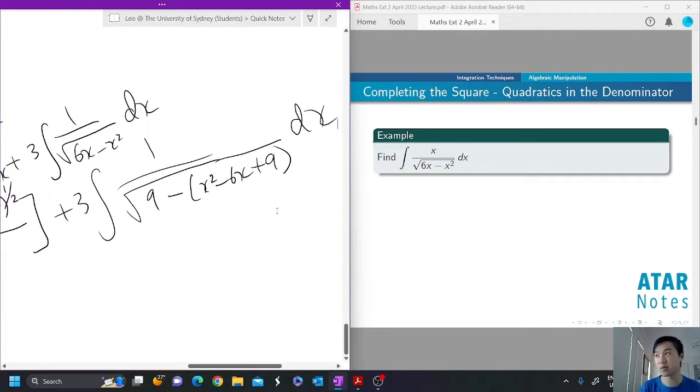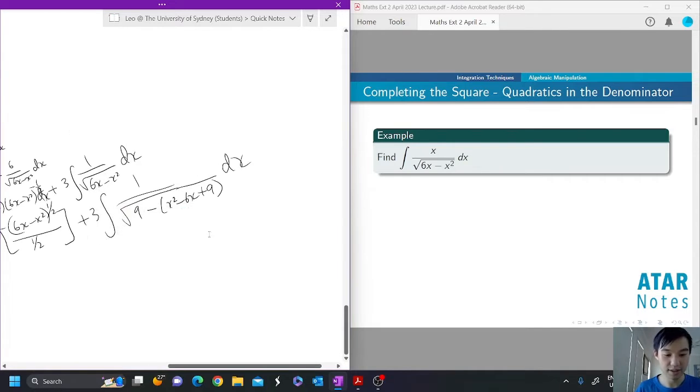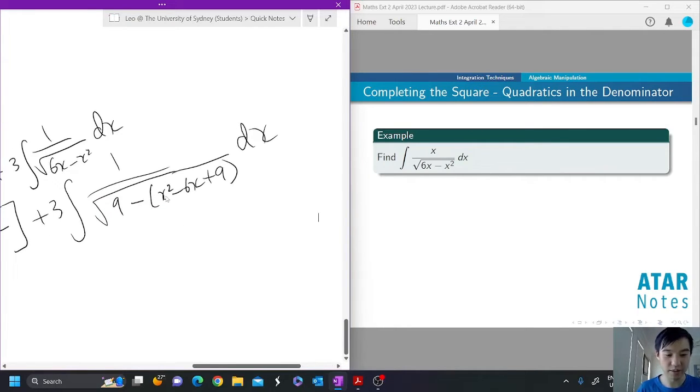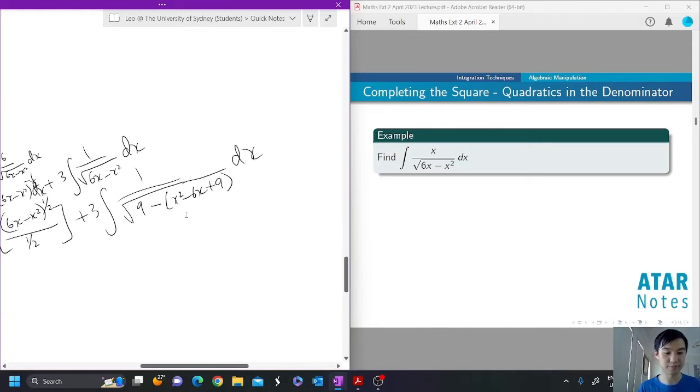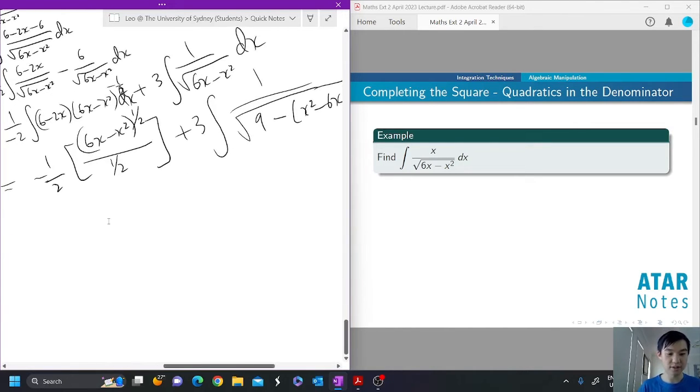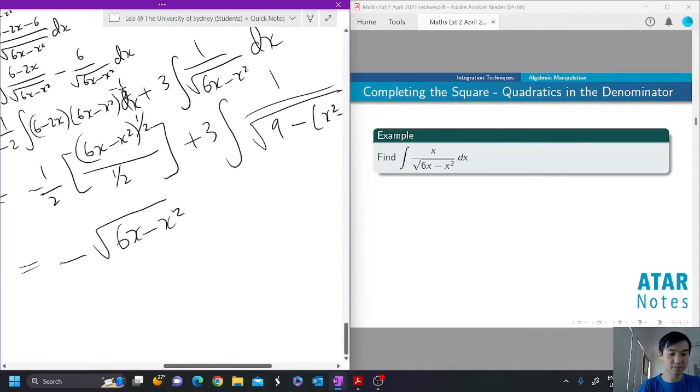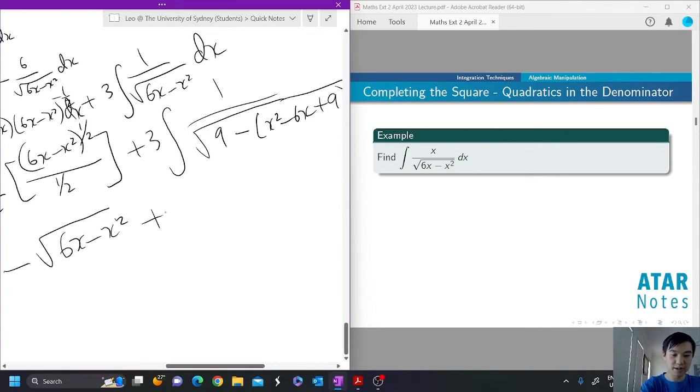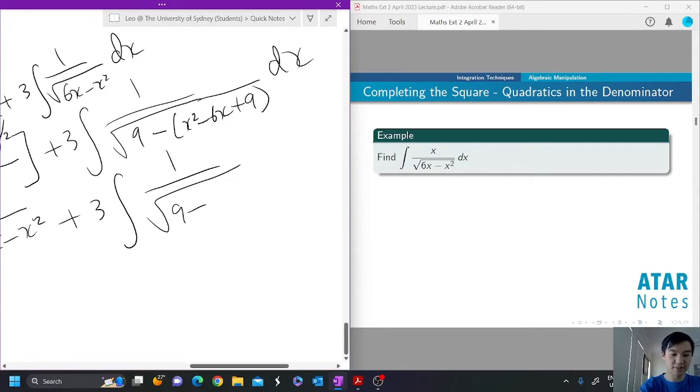So remember, the way we complete the square, we look at this, we halve it, then we square it to tell you what number you need to add in order to complete the square. So when that expands, it will be 6x minus x squared. So now this thing is going to be negative root 6x minus x squared, plus 3 times the integral of 1 over 9 minus (x minus 3) squared.